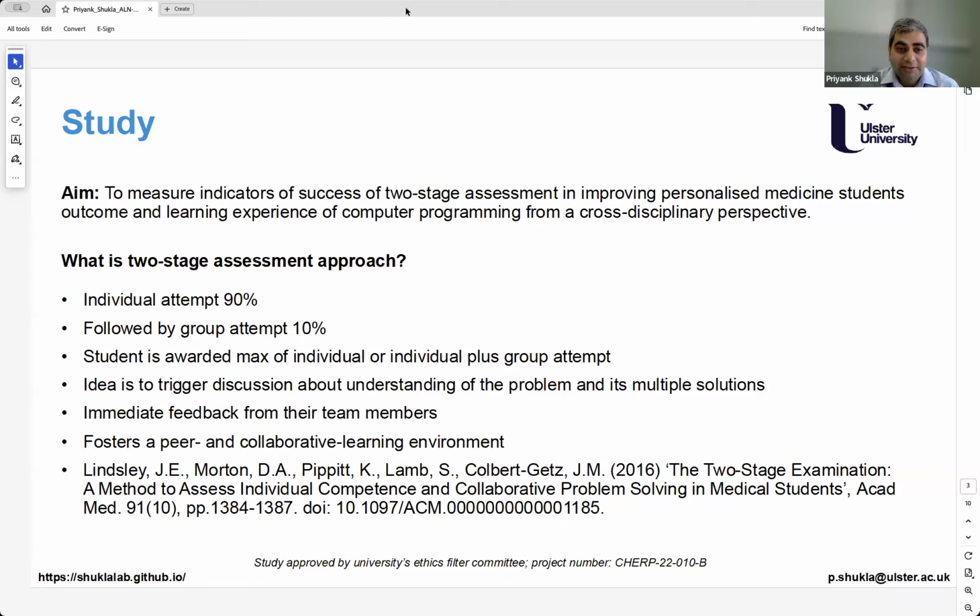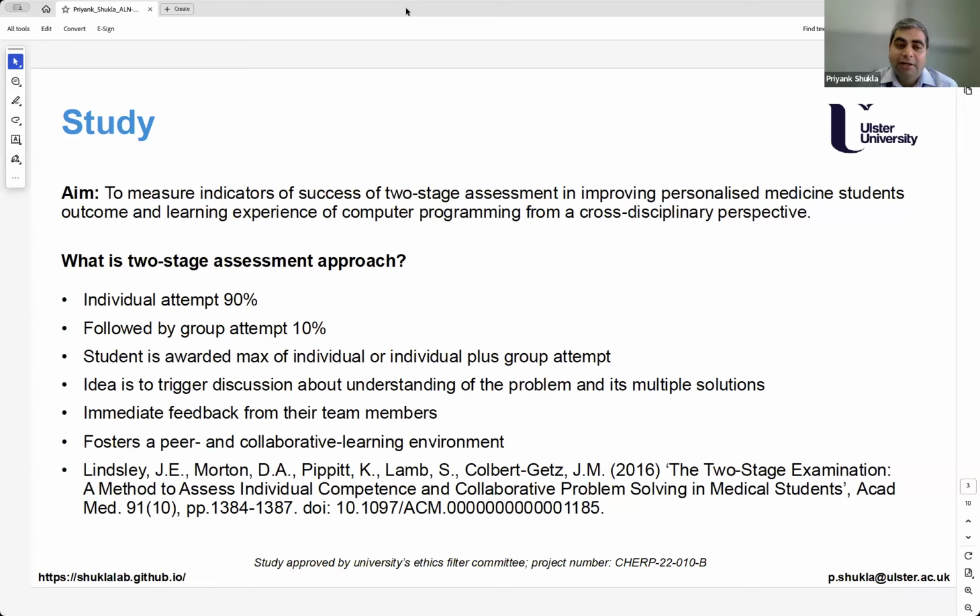So what is this two-stage assessment approach? This is nothing novel. I mean, it exists. People have applied it before. But in this context, I would like to explain what it means. So during the assessment, students first take the assessment as an individual, and it is weighted as 90% of the marks.